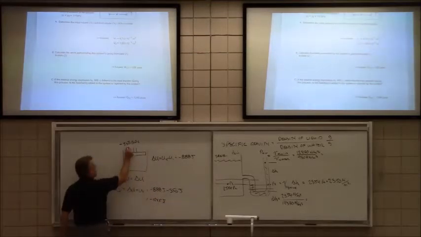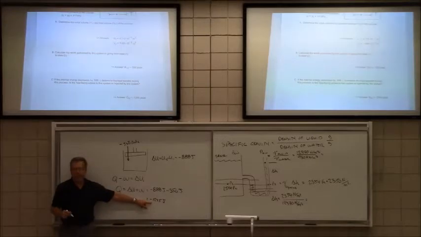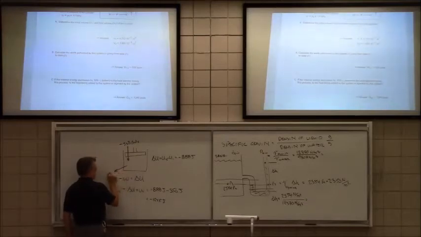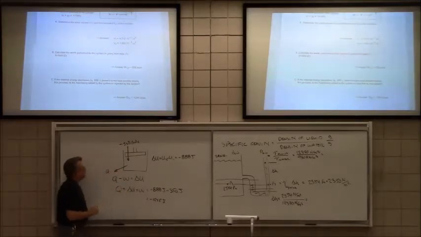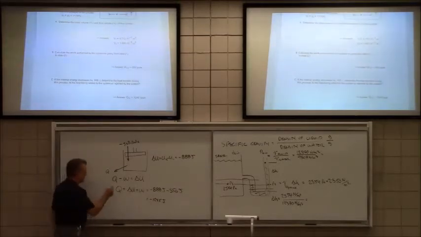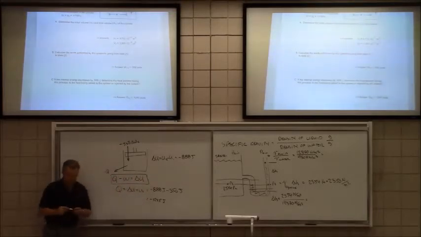So what that means is I've got work coming in, and if this is negative, what's happening to the heat? Is it coming in or is it leaving? The heat is leaving. Everybody see that? That's the first law, okay?